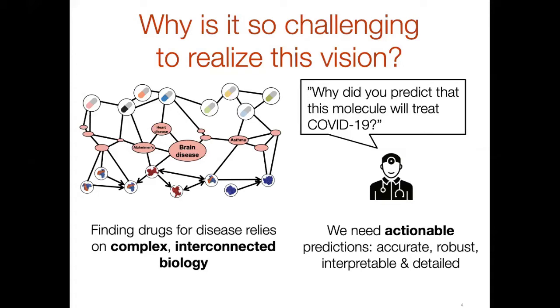They need to be robust, interpretable, and also detailed, precise, or very concrete, so they are really useful to domain experts who can then take those predictions and run experiments in the wet lab, or think about what might be the most promising candidates for further investigation in the lab.